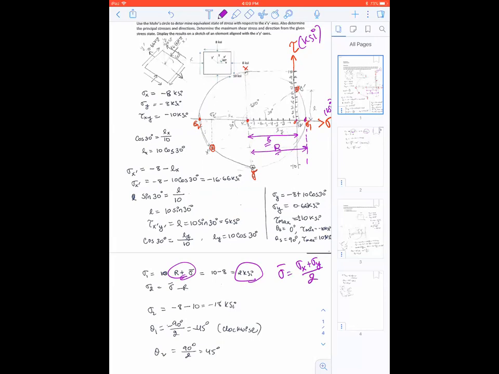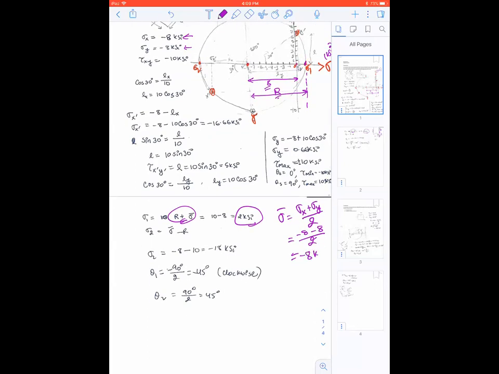Okay, so you can see your sigma x is -8, sigma y is -8. So -16 divided by 2 gives me -8 KSI. Okay, so because it is negative in nature, that's why I put plus here. Ultimately, it will give you this little number.